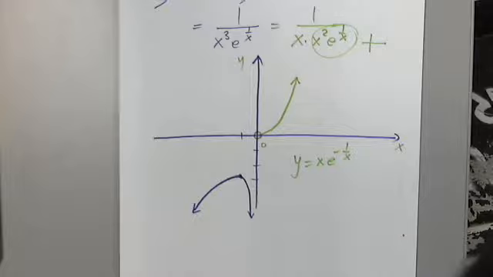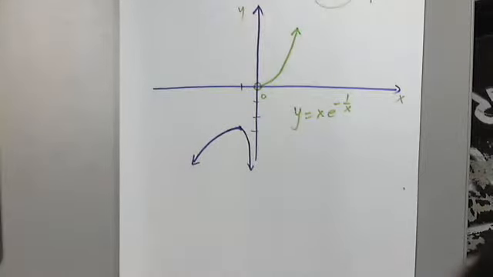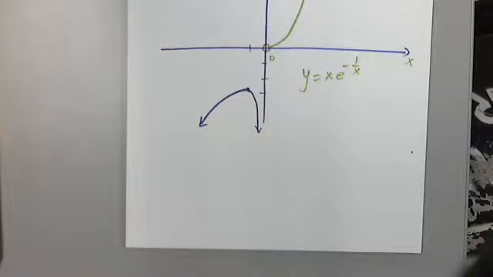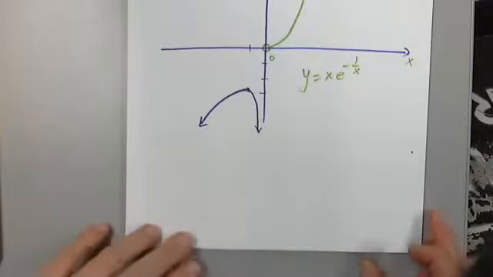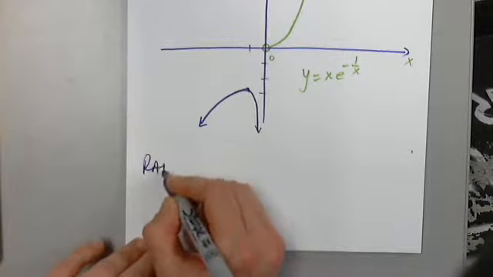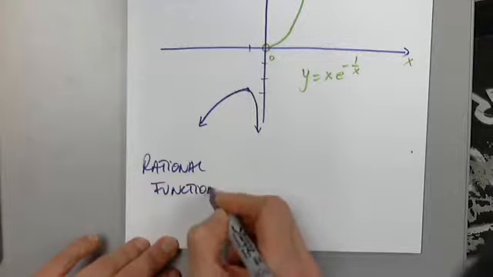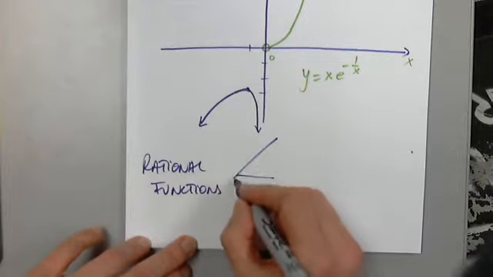I have to show a rational function with a slant asymptote, at least one. So let's take a look at rational functions one more time before we go back to L'Hopital's rule for more examples. With my pre-calculus students, I always divide rational functions into three categories.